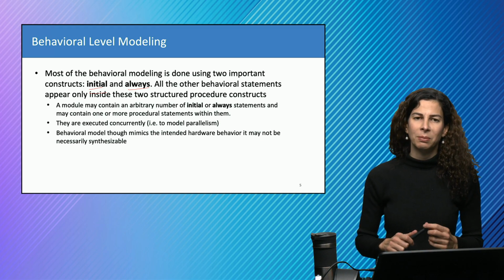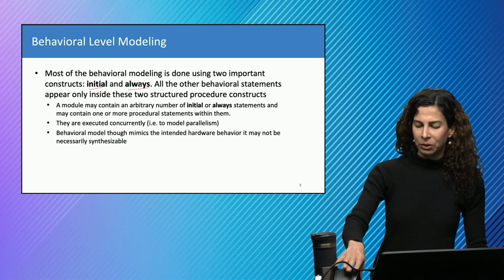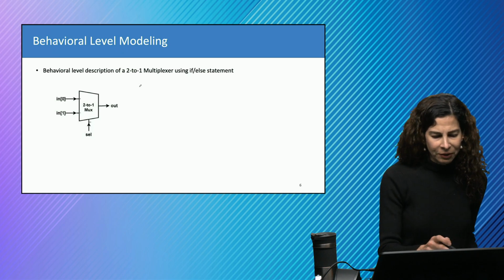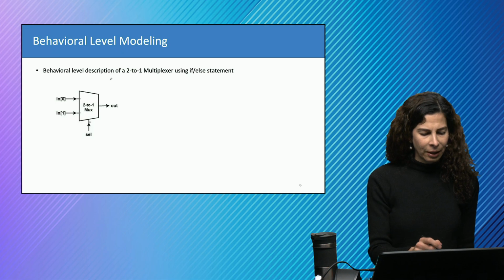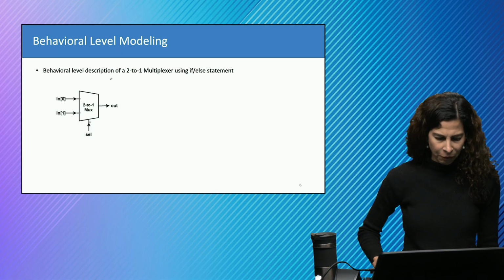What is the difference between the behavioral level modeling and RTL, which we described earlier? So, the behavioral level description of a 2-to-1 select multiplexer: we've seen how we described it using the if-then-else statement before.